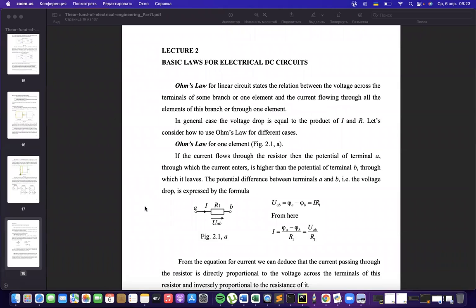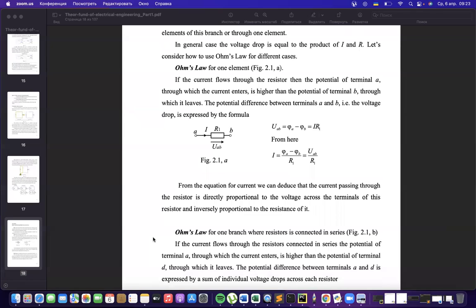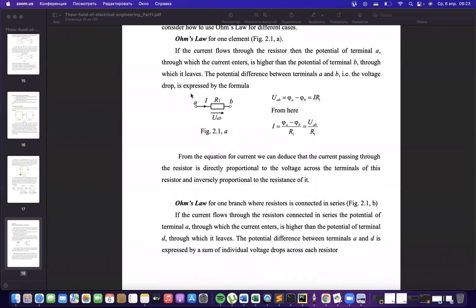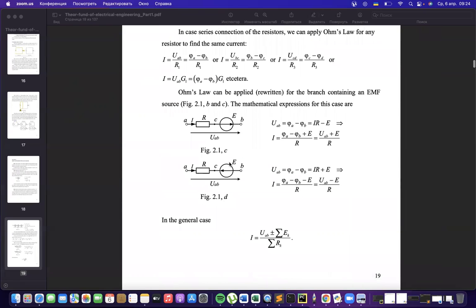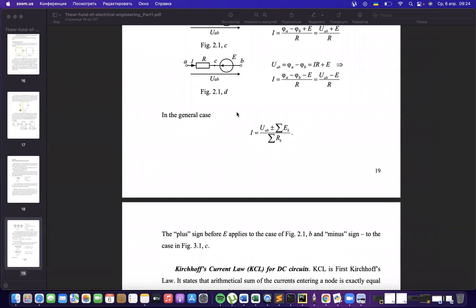Then we discussed the basic laws which we will use in our course. It was Ohm's law that connects voltage, current and resistivity. It could be written in the passive and active case. In the passive case, we mean that we have a branch without any source of energy, and in the active case we have some source of energy inside it. The most general form of this equation could be written as shown here.